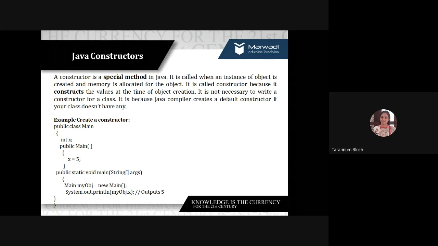And it is not always necessary to write the constructor for a class, because whenever you have any Java class and you try to create an object, your Java compiler automatically creates a default constructor, even if you have not written it in your code.